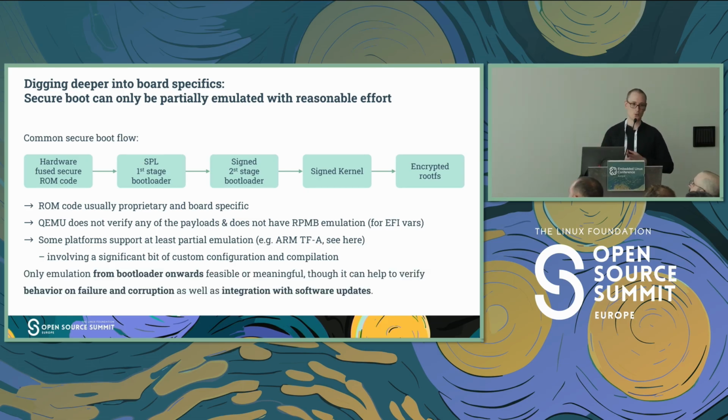But QEMU, as I said before, runs whatever you give to it, so there's no first level bootloader verification, and it also misses some peripherals like replay protected memory to implement proper secret handling and establishing the components that are involved in the secure boot.